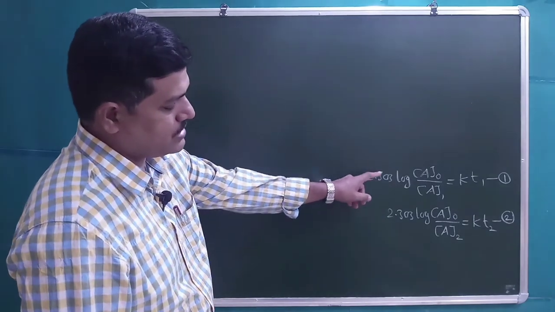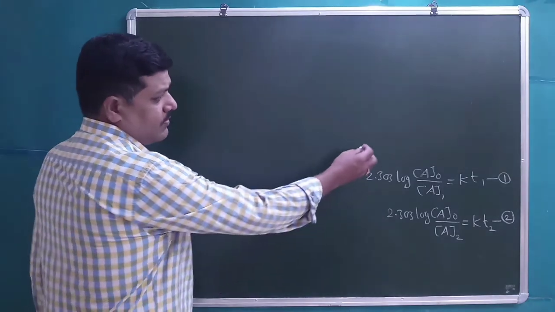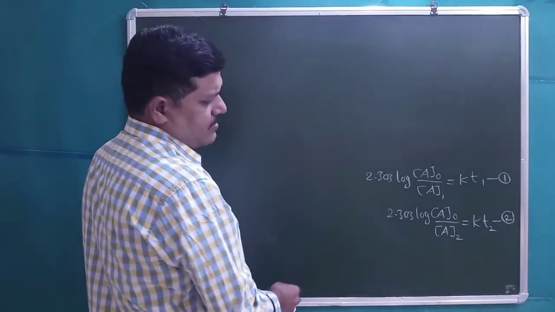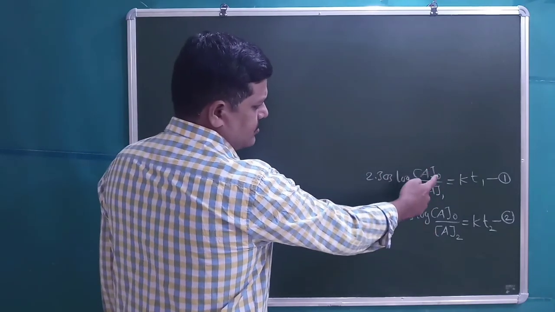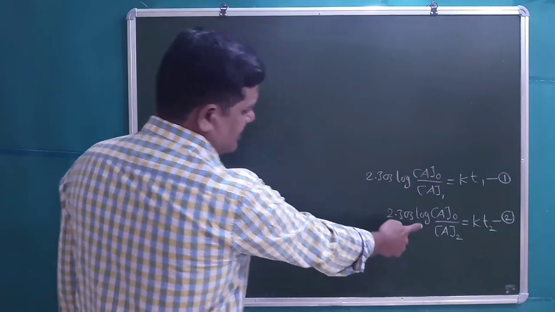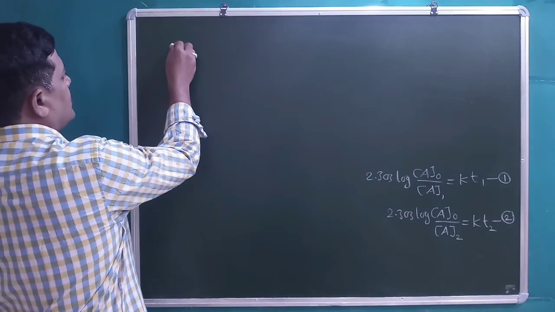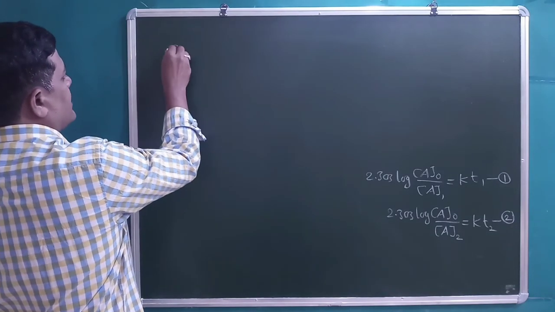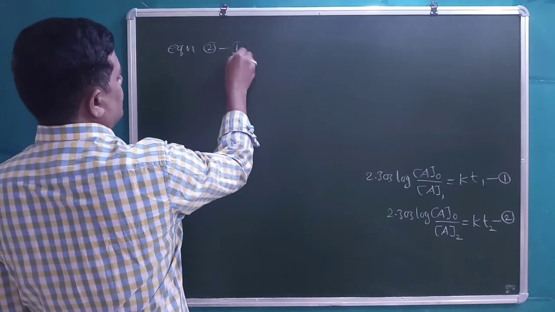Two equations we got, when we applied the first order integrated rate equation at time t1 and time t2: equation 1 and equation 2. So students, what we will do is equation 2 minus equation 1.